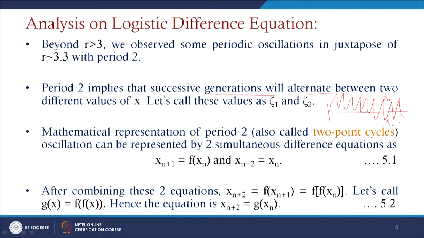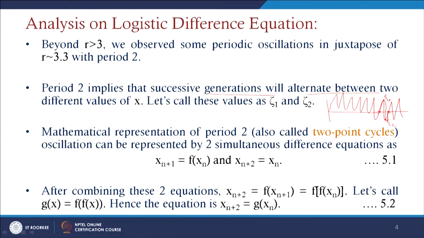Especially if you go for the mathematical representation of this period 2, it is also called a 2 point cycle. A 2 point cycle means that if we initially start at a point, then finally we reach that point again. If we complete a cycle, we come to the same point again.